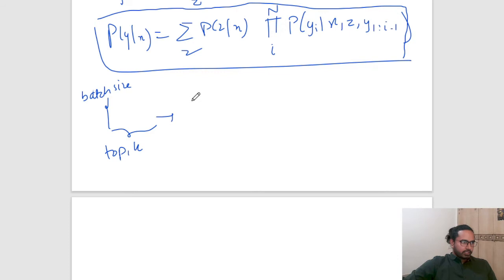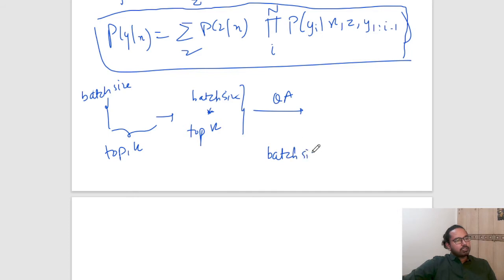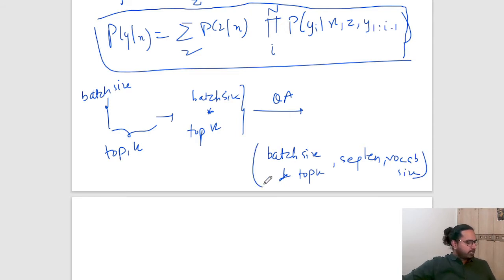We reshape them to the size of batch size times top K and pass this entire thing to our QA model. So our QA model will return logits of size batch size times top K, comma, sequence length and vocab size. This is pretty standard stuff.